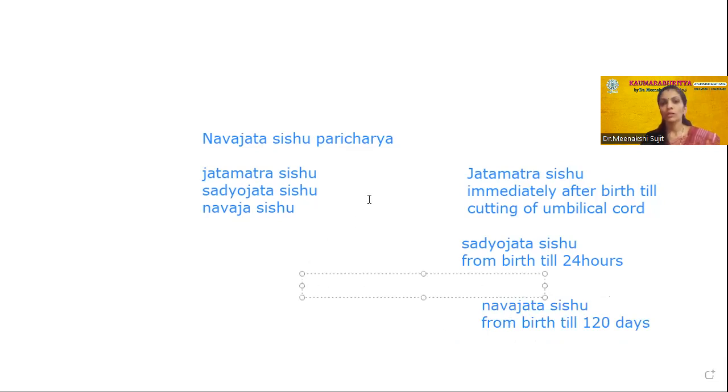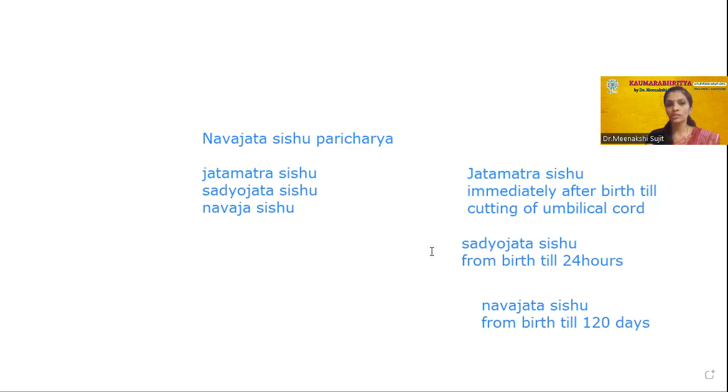So now, this is the whole: Jatamatra Shishu, Sadyojata Shishu and Navajata Shishu. These 3 procedures, what all we are going to do in these 3 particular patterns from birth till 120 days, we are going to see whole in Navajata Shishu Paricharya.